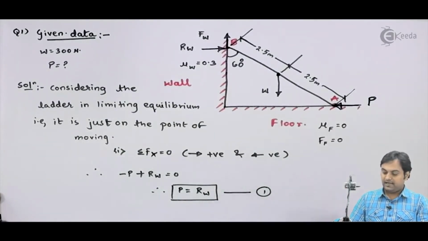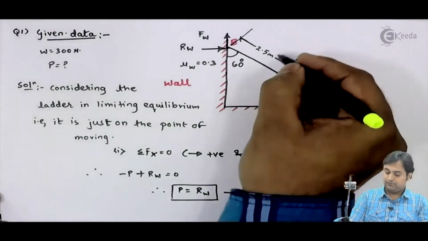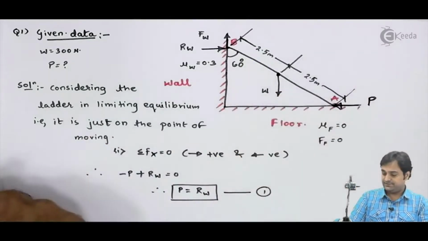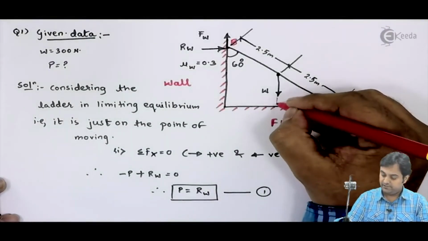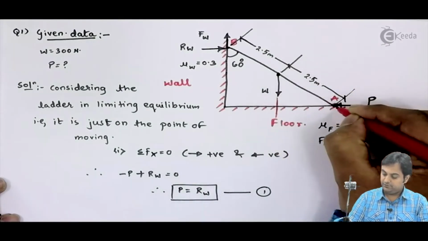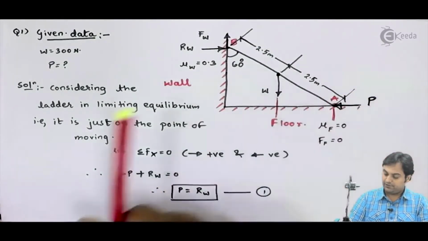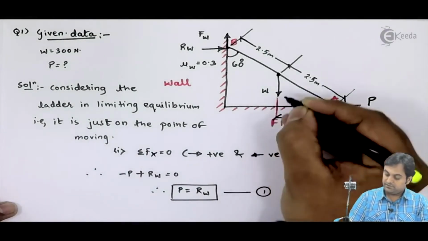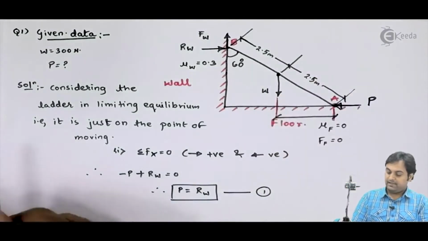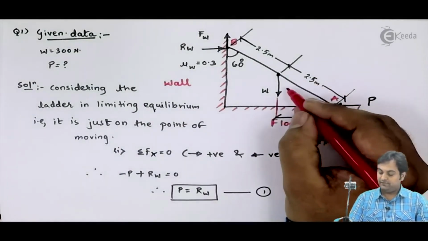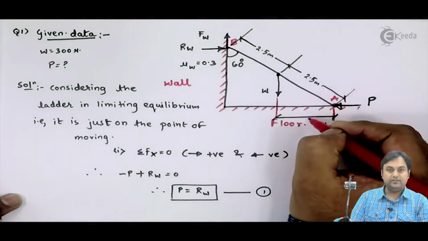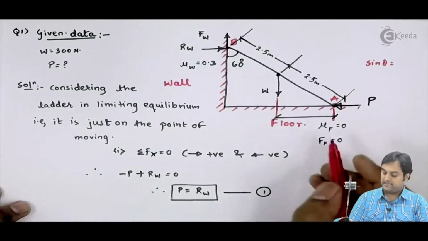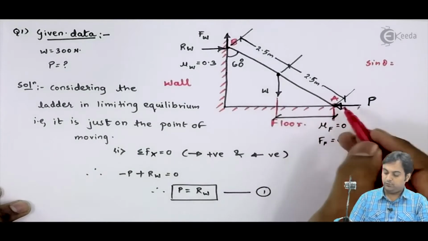Then I would be taking the moments of all forces about point A. For that, I need to know the distances. I will extend this weight line and calculate its distance from point A. Since the angle is 60 and this is the hypotenuse, if I want to find the opposite side, sine theta will be equal to opposite side upon 2.5.